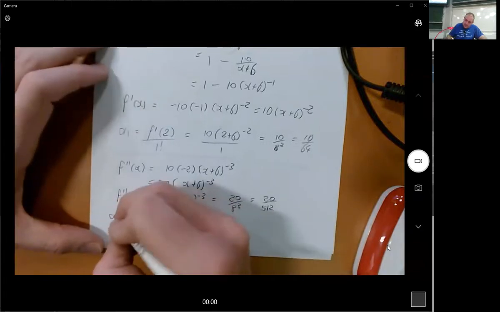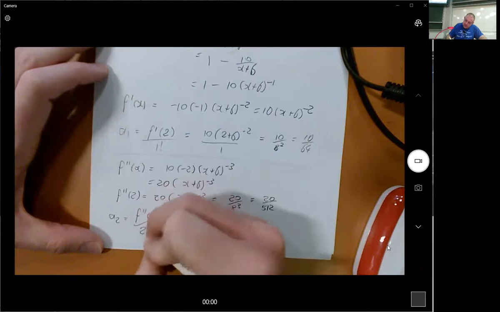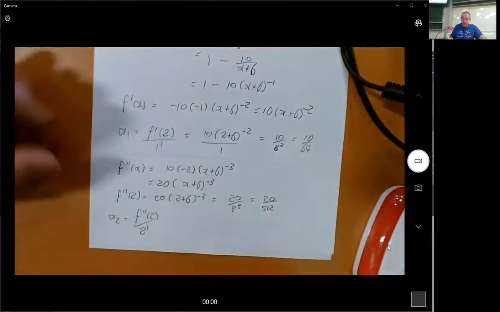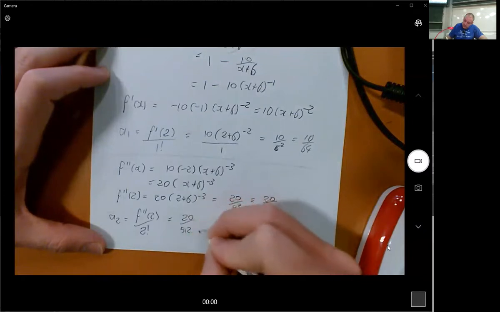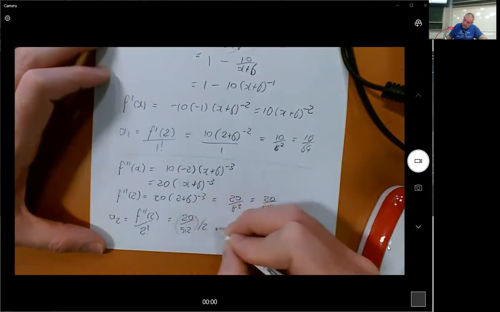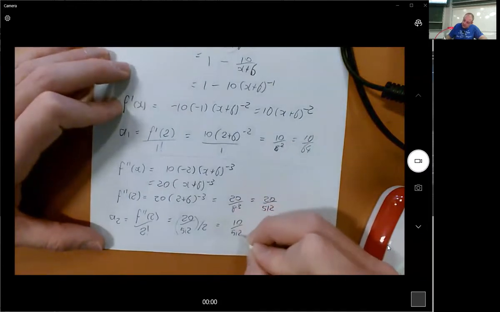And so a2 is f double dashed of 2 divided by 2 factorial, because that's how Taylor series work. And so that will be 20 over 512 divided by 2, because 2 factorial is 2. And so that'll be 10 over 512.